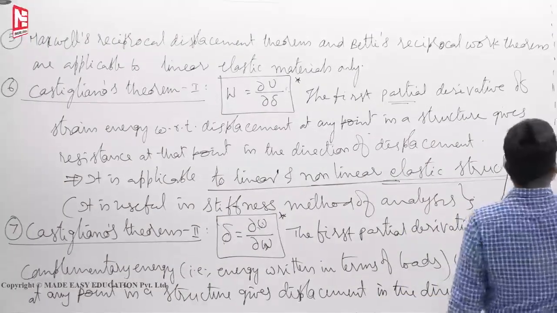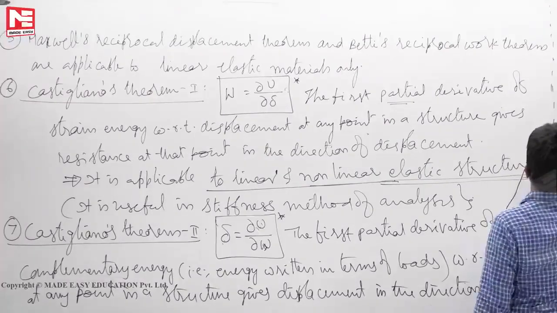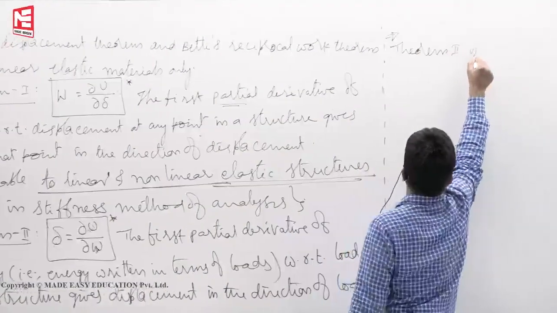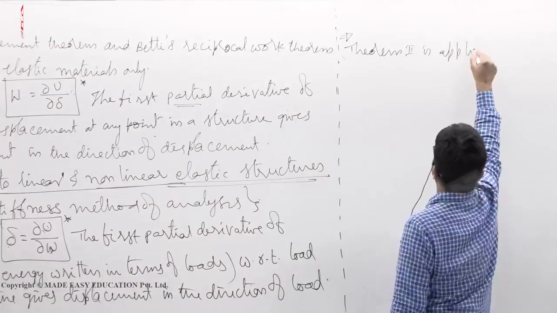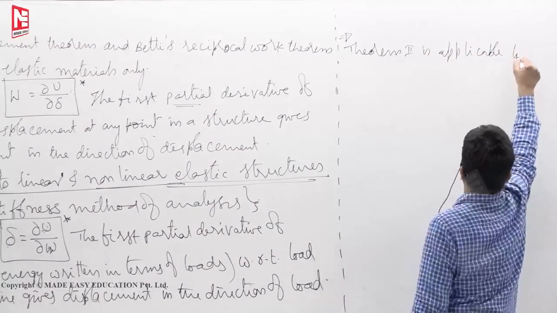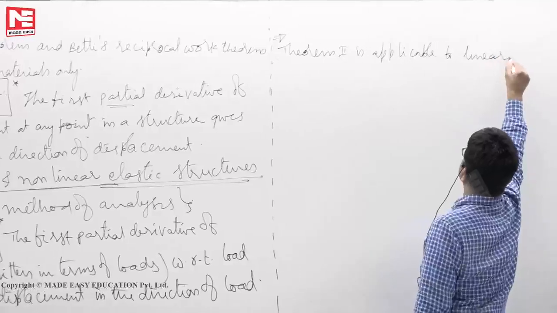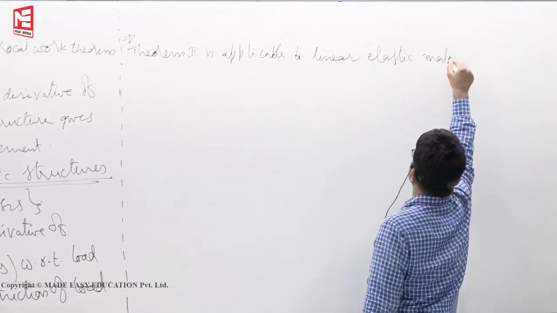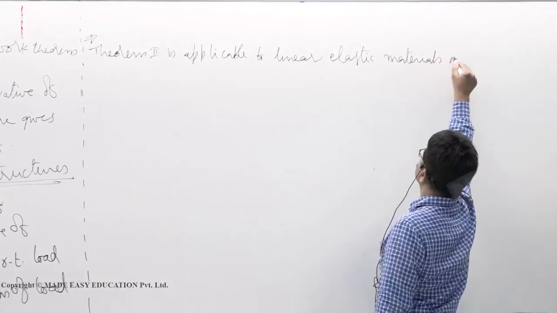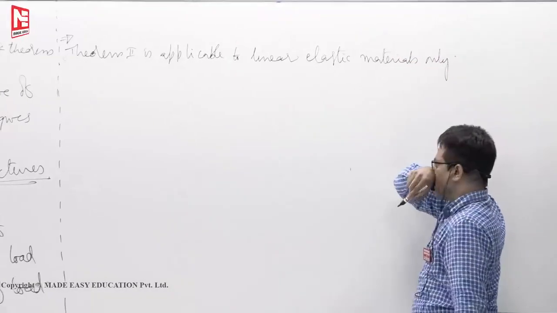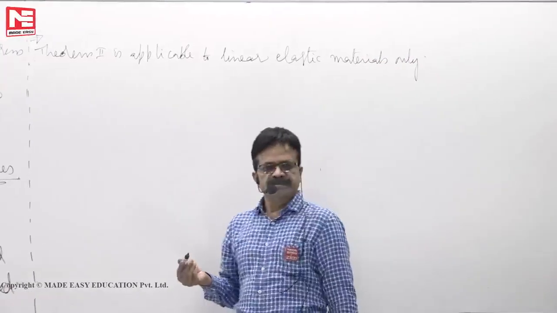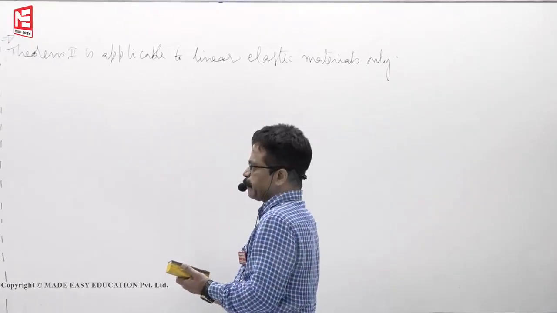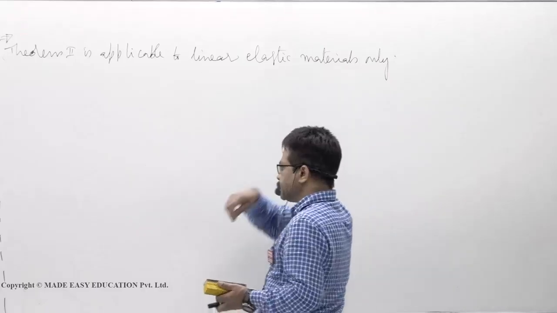So, Castigliano's theorem 2 is applicable to linear elastic materials only, where complementary energy and strain energy are both equal.